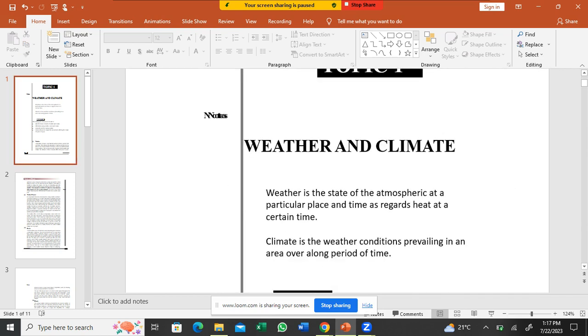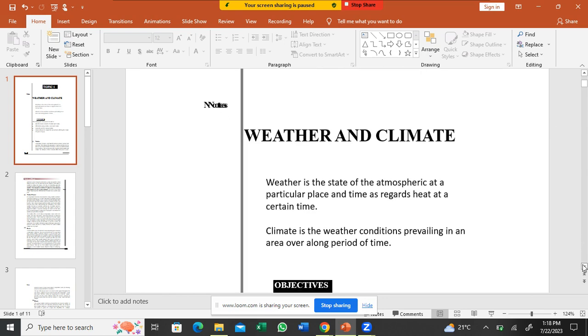Weather is the state of the atmospheric conditions of a particular place at a certain time, and climate is the weather conditions prevailing in an area for a long time. Those are the definitions of climate and weather.